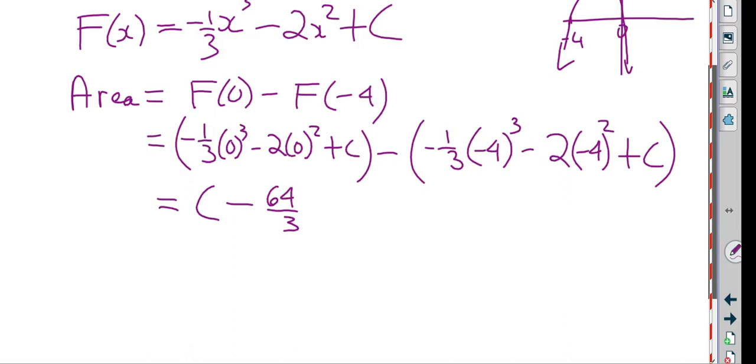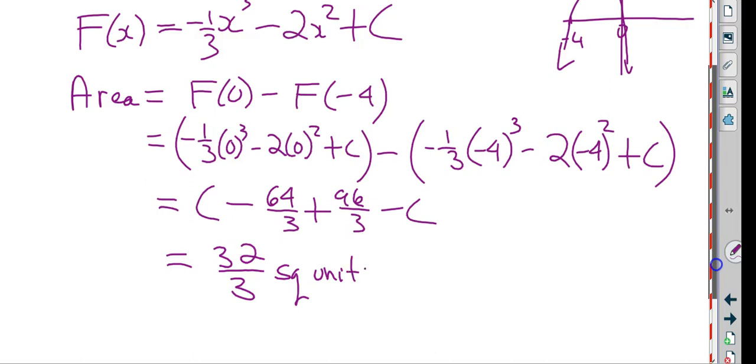This is going to be positive 16. This will be minus 32. Then the minus here is going to make that plus 32, which is 96 thirds. And this will be minus c. So it's basically just 96 minus 64, right? Which is 32 thirds. Square units. Okay, so 32 thirds.